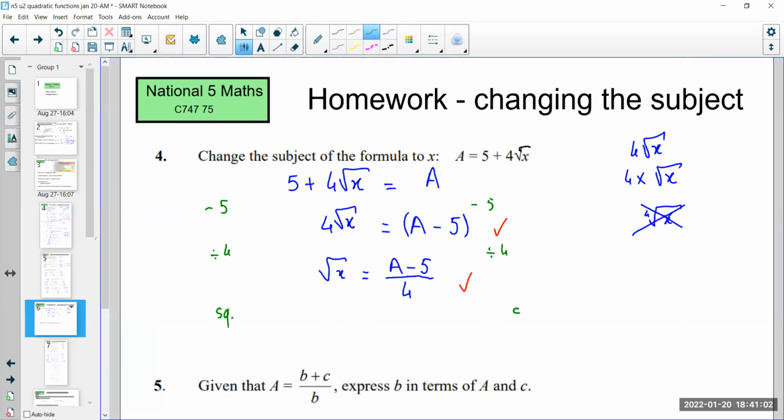So I'm going to have to square both sides and just write x equals, so again, put the bracket a minus 5 over 4, that whole side of that equation squared. And that's your third mark.